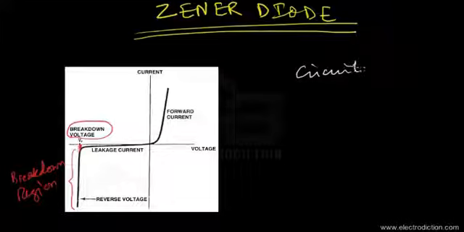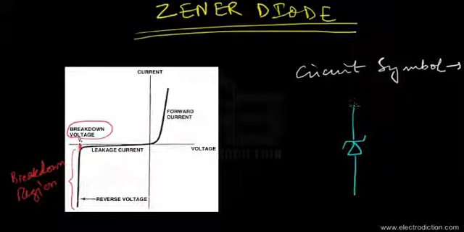The circuit symbol looks something like this. There is a short Z type of structure. Sorry, it's a bit crooked over there. Okay, that's better. That is how a Zener diode looks. Here we have the cathode of the Zener diode, and this terminal is the anode.